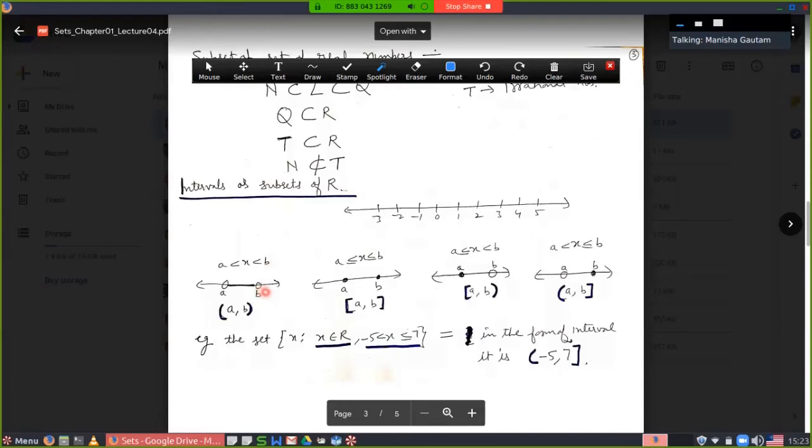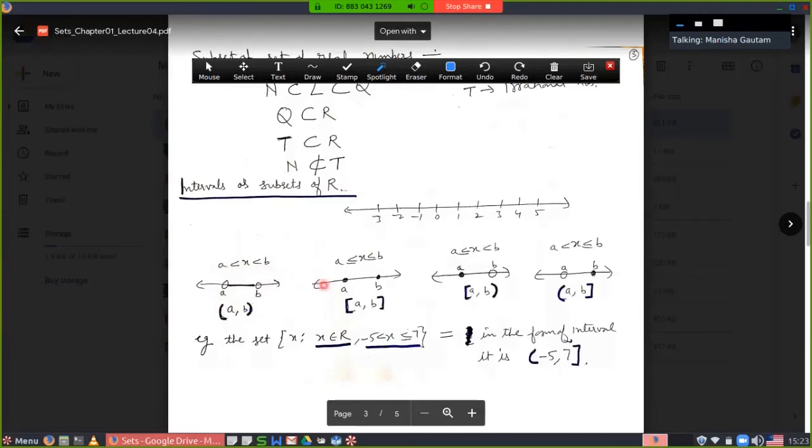Suppose the numbers you want to represent are between A and B. Maybe 1, 2, maybe 3, 4, maybe 5, 6, maybe minus 1, 0, maybe any numbers A and B. So I have to write down numbers between A and B, and it can be presented with an open bracket. I have put here an open bracket. And you can write it like this: those x which are greater than A, less than B.